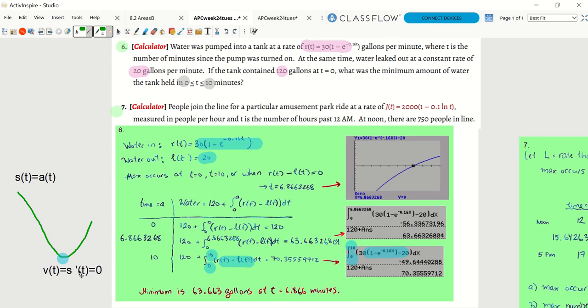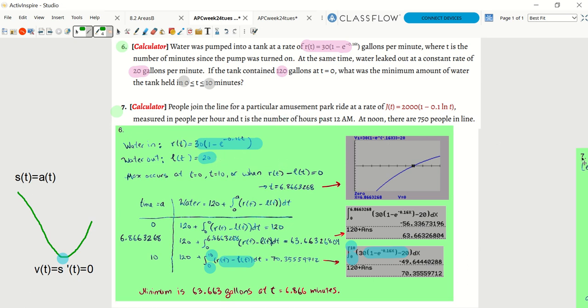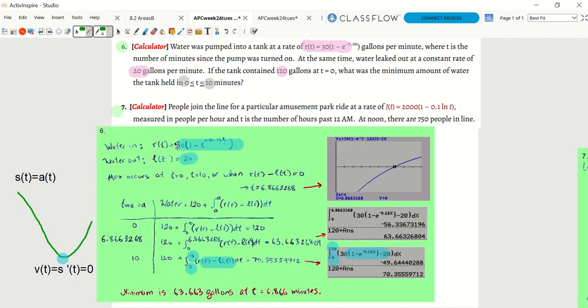Anytime you have a local minimum or maximum, that is when your velocity function, or the derivative of your position or amount function, is equal to 0. Okay? So what we're going to be doing is look right. Let me zoom in on this real quick so you guys can see it better.